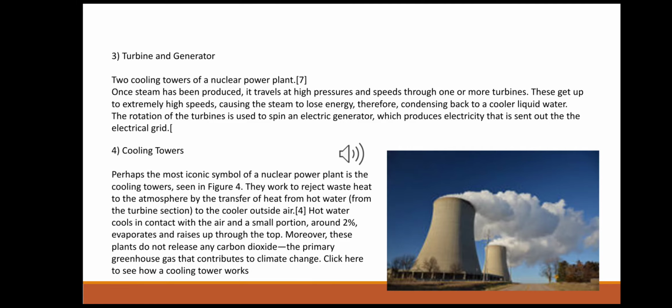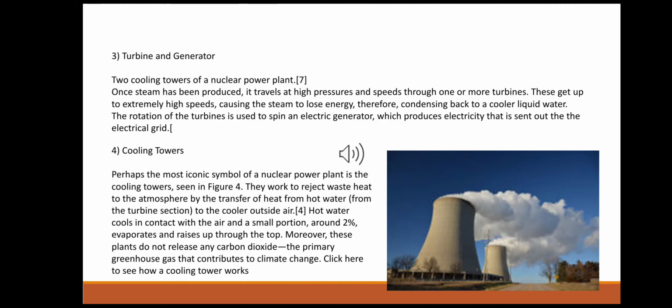Perhaps the most iconic symbol of the nuclear power plant is the cooling tower seen in figure 4. They work to reject waste heat to the atmosphere by the transfer of heat from hot water from the turbine section to the cooler outside air.